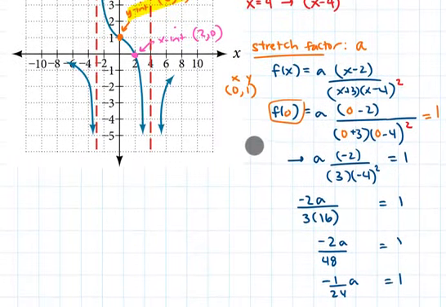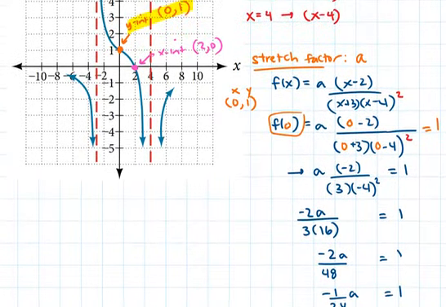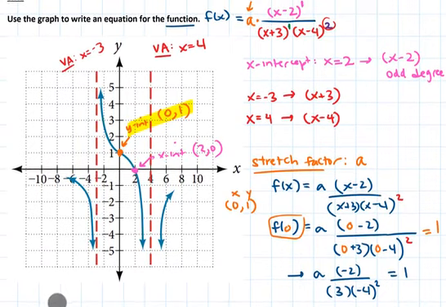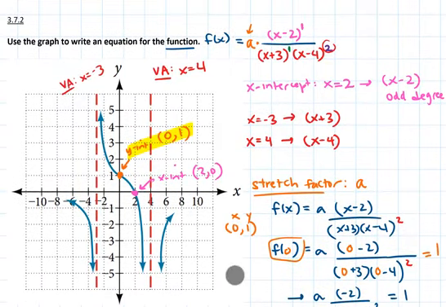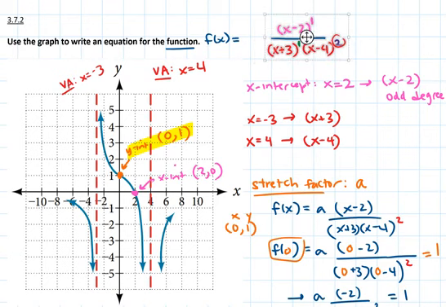So let's replace this, our final function. See if I can write this in. I'll keep it at the top. A should be negative 24. And I'll move this over just so that we're very clear that it's being multiplied to the entire function.